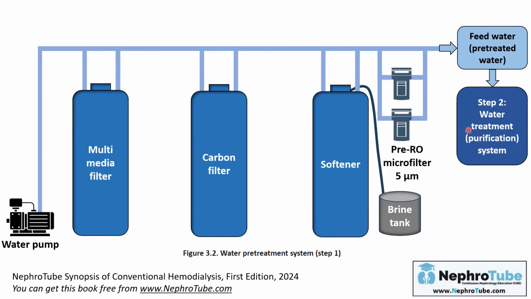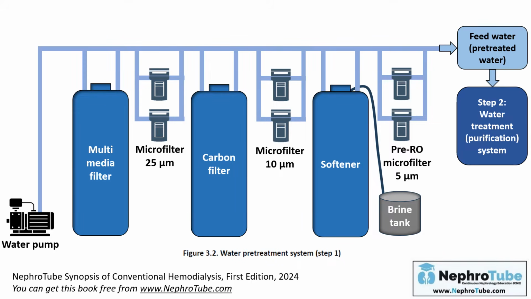Before going to step 2 treated water purification system, I want to add some points related to this step 1. You can find other microfilters, cartridge filters, with various different sizes between different tanks. For example, this is an example of one of the practices here in Egypt.